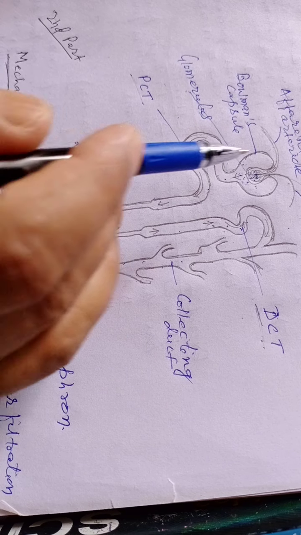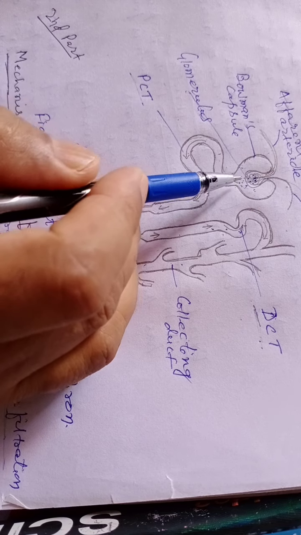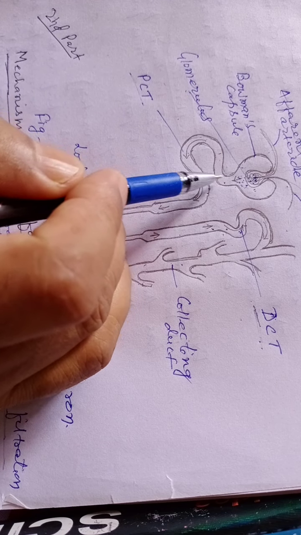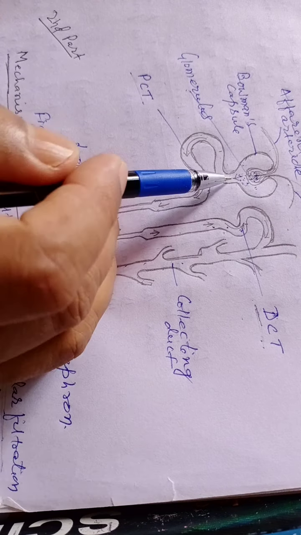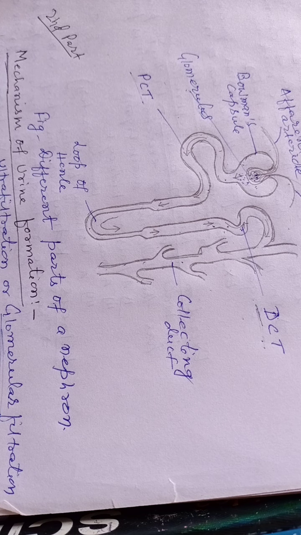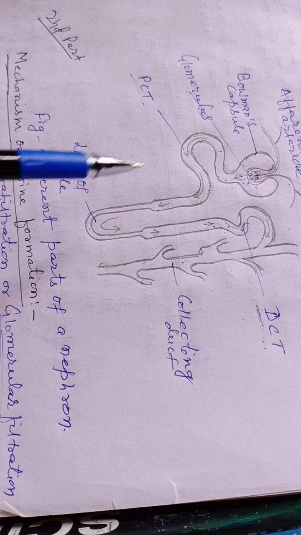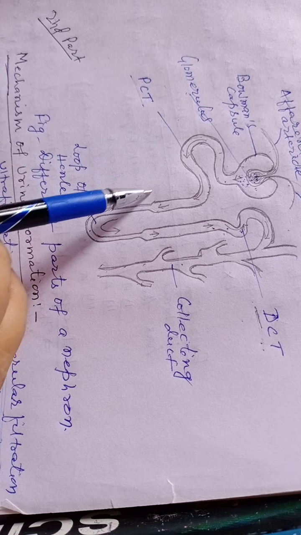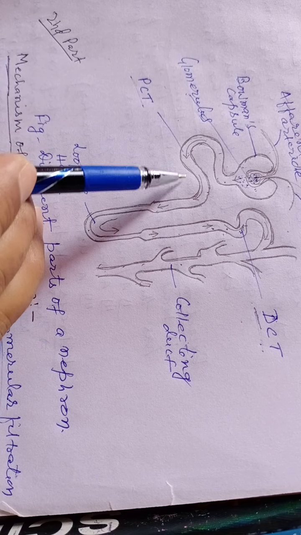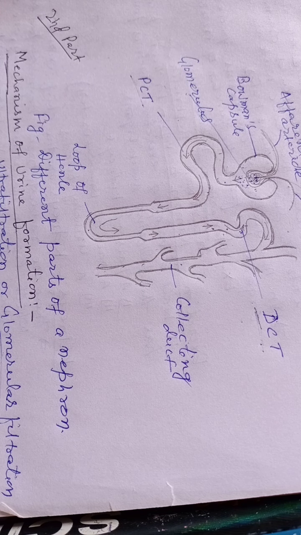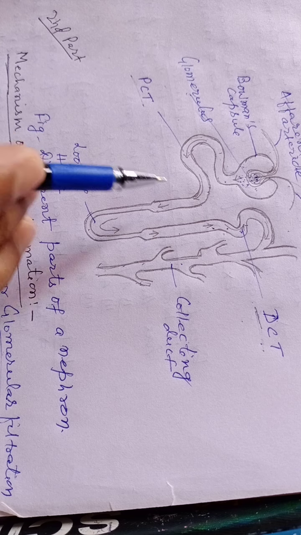Along with harmful substances, some useful substances are also pushed under pressure within the lumen. So water, glucose, and other salts which are essential to our body are absorbed in this tubule, that is PCT, loop of Henle, or DCT.